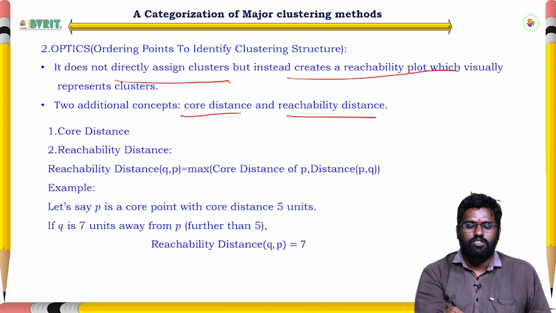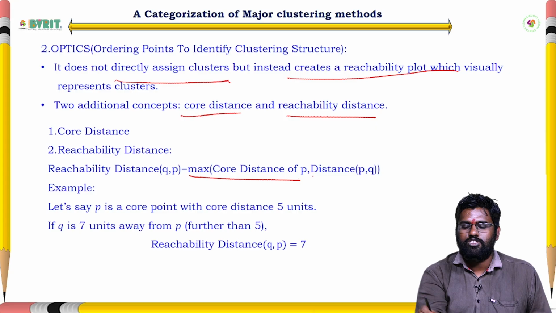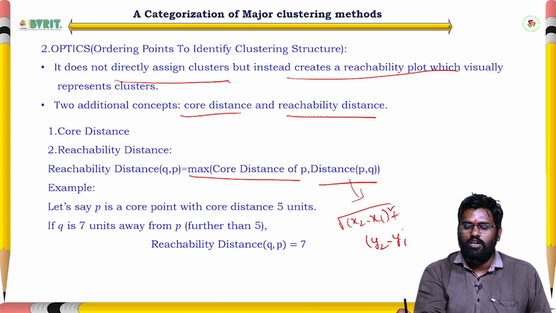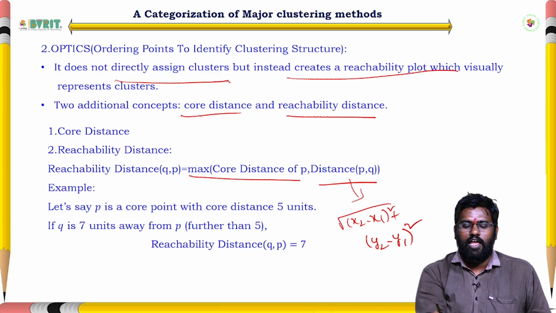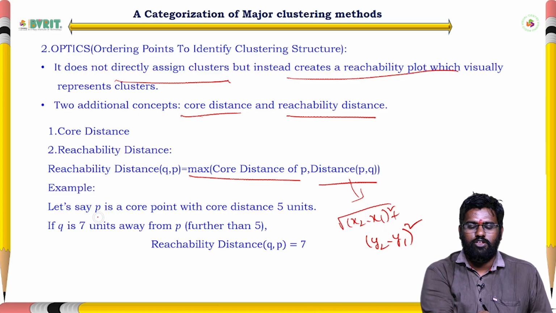The reachability distance is the maximum of the core distance of point P and the distance between P and Q. The distance between P and Q is the square root of (x2 minus x1) whole squared plus (y2 minus y1) whole squared, the Euclidean distance between the points. After calculating with this, let us assume that P is a core point and the distance is 5 units.